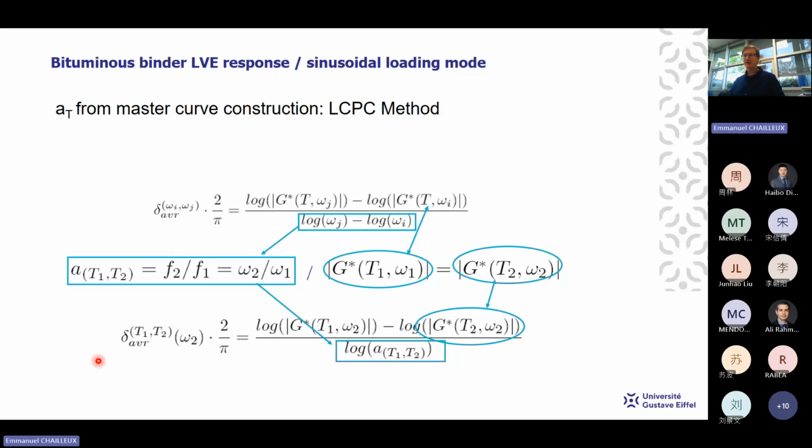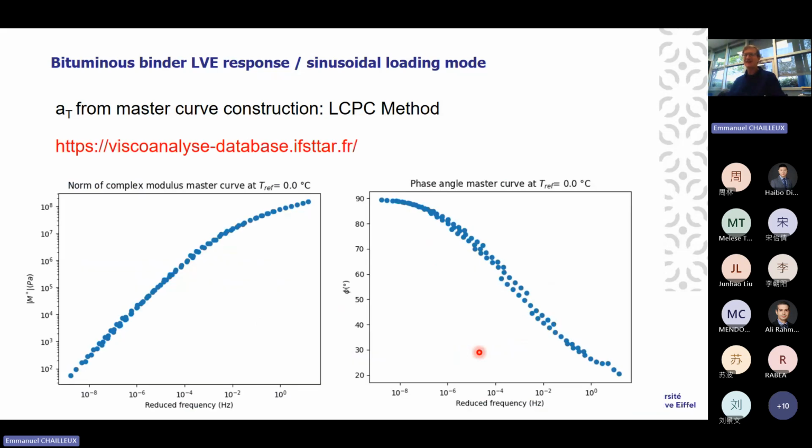So we measure only these parameters, and we can access the translation coefficient, and in this way we can calculate the master curve just by calculation, without any adjustment of curves. So here I show you some master curves, and you can see that these master curves are very smooth. Perhaps not very smooth for the phase angle, but perhaps there is a reason.